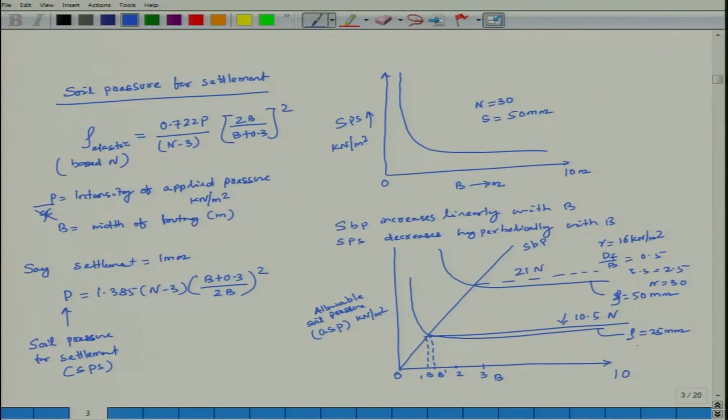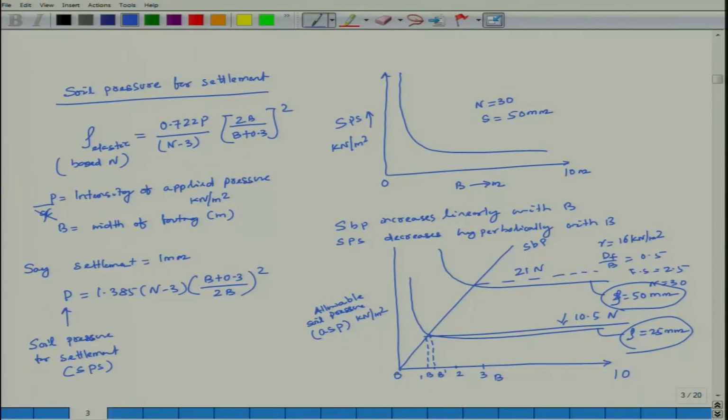For considering residential building of settlement of 25 mm and other is your 50 mm, generally allowable soil pressure has been taken. If I put it in a very flat way, this is your 10.5 N, this is your 21 N. This is a kind of thumb rule in design.